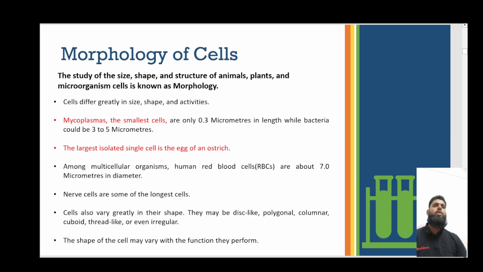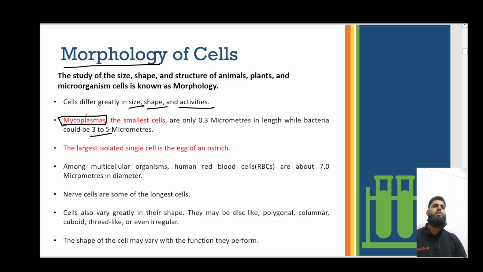Now if we talk about morphology, that means their shape, size or structures. Animals, plants and human beings contain different types of cells. Cells differ greatly in size, shape and activities. Mycoplasma, the smallest cell. The smallest cells known till now, mycoplasma, are only 0.3 micrometers in length, while bacteria could be 3 to 5 micrometers.